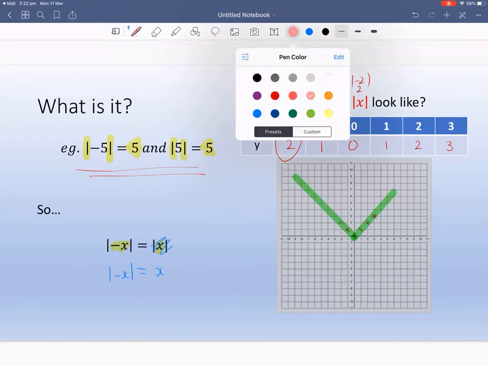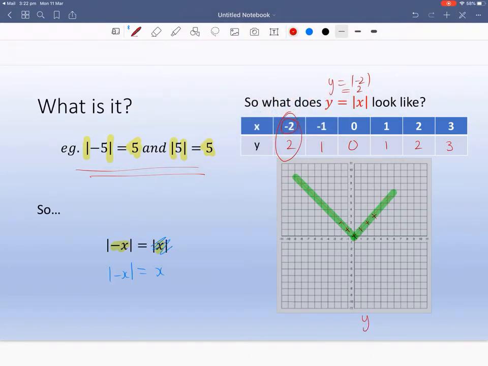It's a combination of y equals x and y equals minus x. Notice that the y equals x line will go that way and the y equals minus x goes that way. Except we're always in what? We're always in the positive direction. Do you see that? Okay, so that's what an absolute value graph looks like.